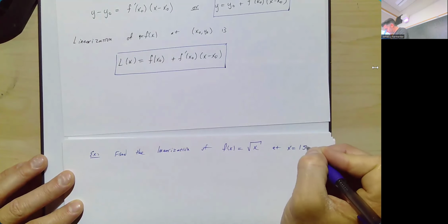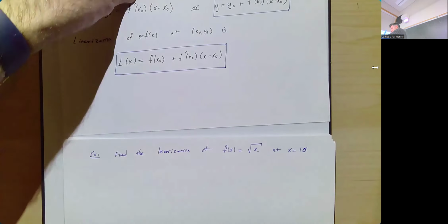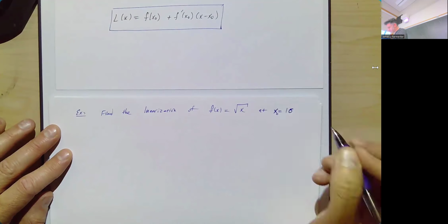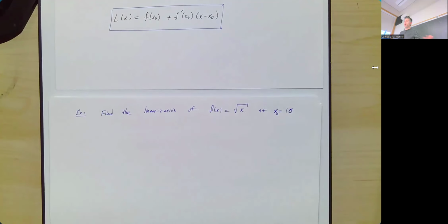No, 16. It's 15, I made a poor choice. I'm going to fix it: at x naught equal to 16. In other words, find the equation of the line tangent to the square root function at the point where x is equal to 16. Let's draw a picture.